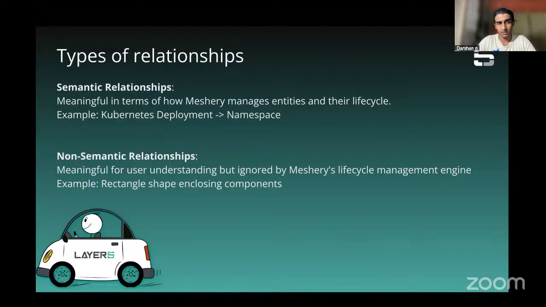Now we have another thing called a non-semantic relationship, which is not a meaningful relationship for the system to recognize, but it's more of an architectural representation for us to just structure out what component is related to another component, or just to show an architectural diagram of the infrastructure that you're defining.